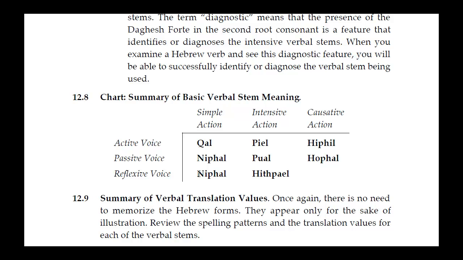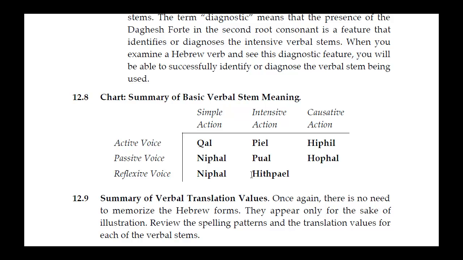Now when we get into the intensive stems, the piel is intensive with an active voice: he smashed the pot. The pual is the passive intensive voice: it was smashed.